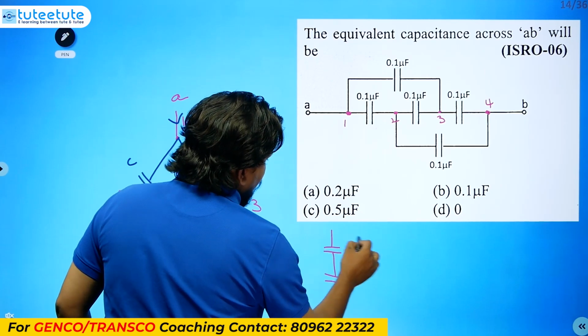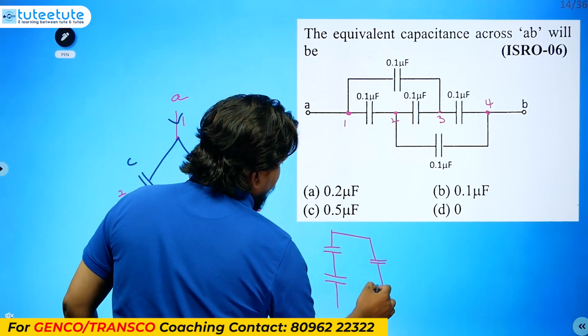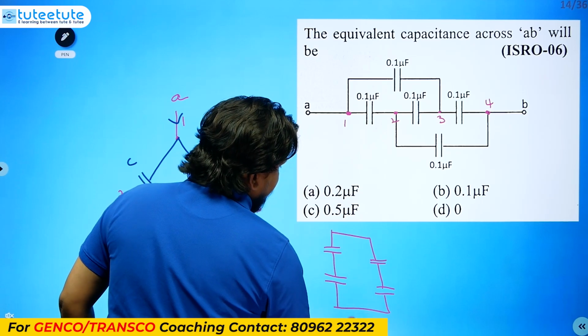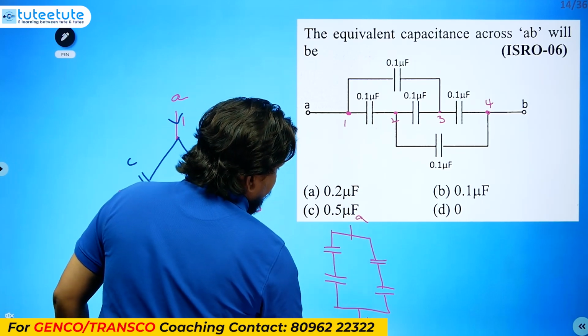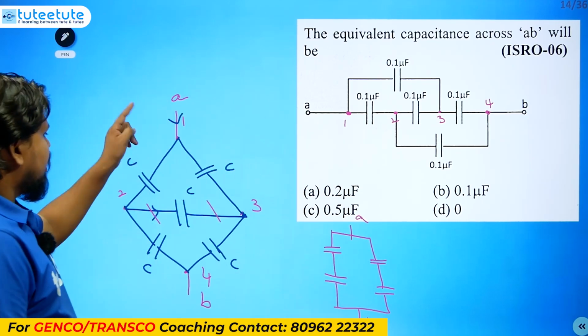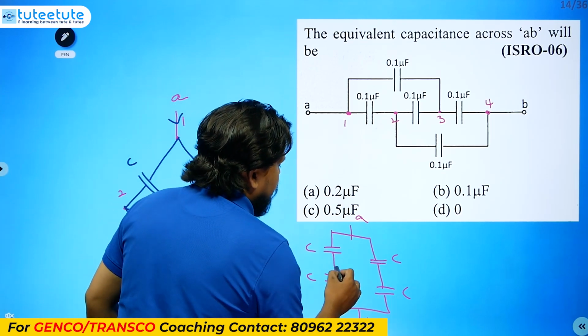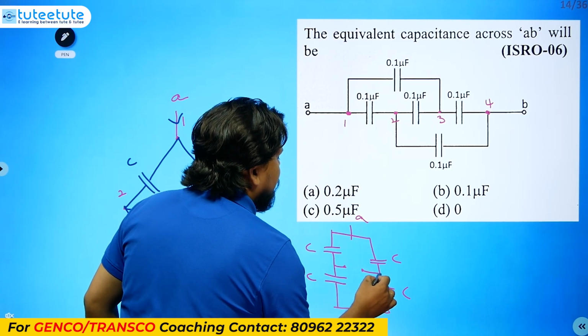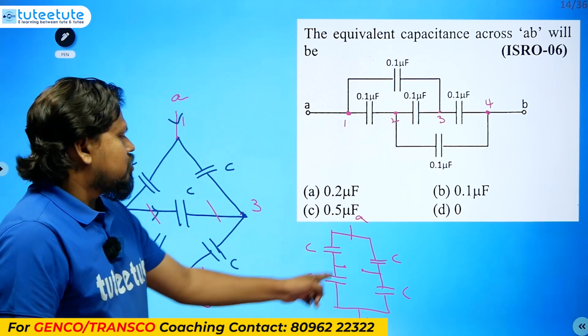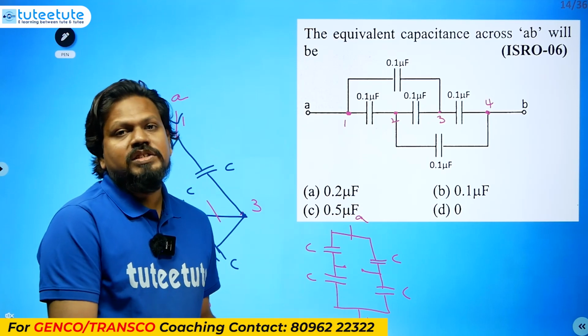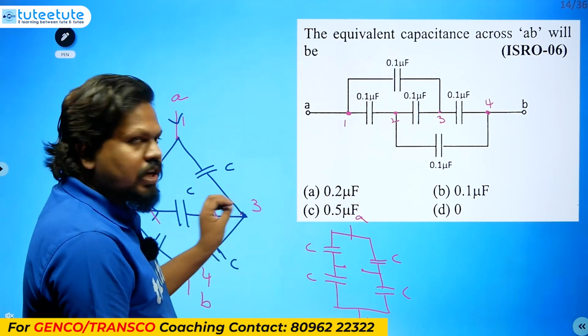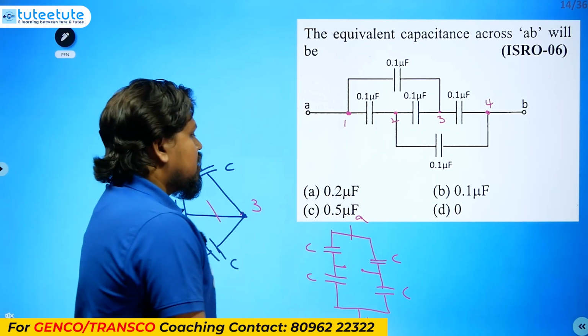These two are in series and these two are also in series between the terminals A and B, C and C, C and C. Because of the balanced bridge condition no current will flow inside, so I am representing it with an open circuit. The element is actually present, but no current is going inside.